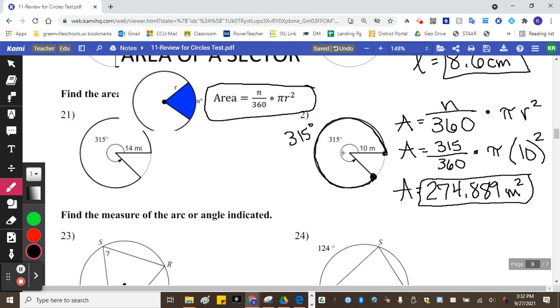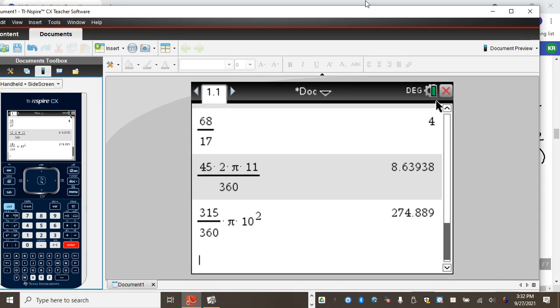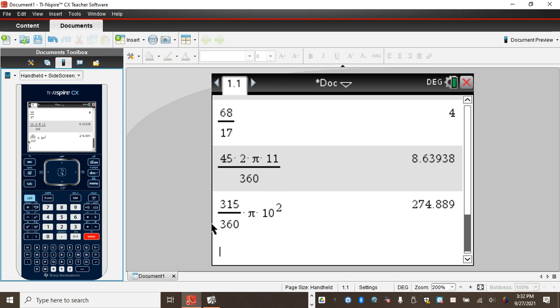If the central angle is 315, the outside arc is 315, and you're just plugging it into this equation. Write this equation down so you can use it on your test: 315 divided by 360 times pi r squared. Our r is 10. If you do it in sections, you're going to have rounding errors. Do it all at once.